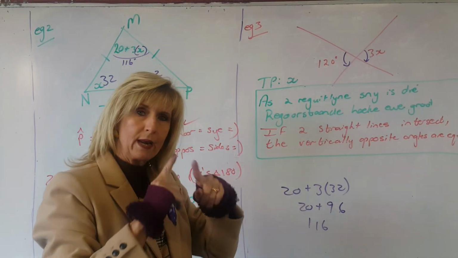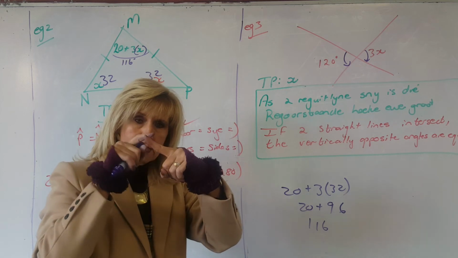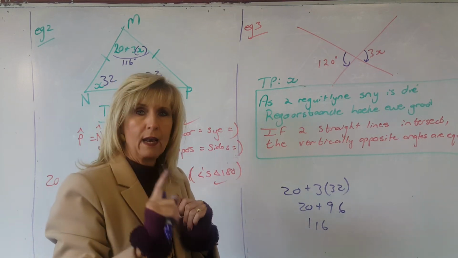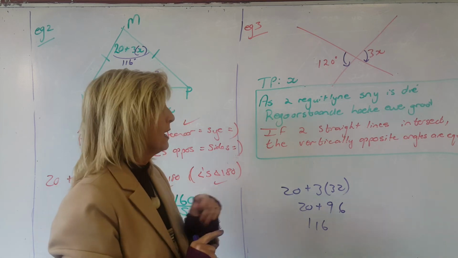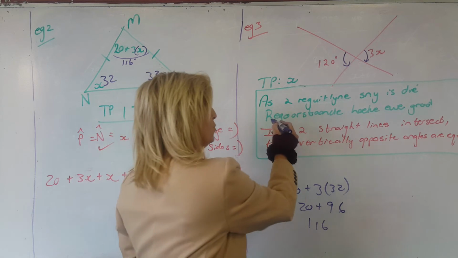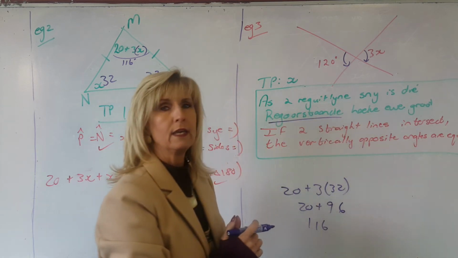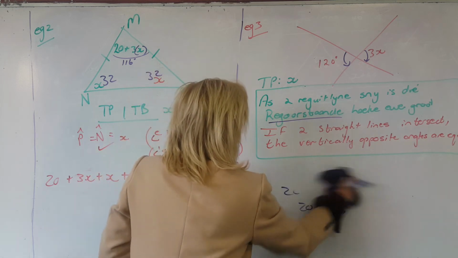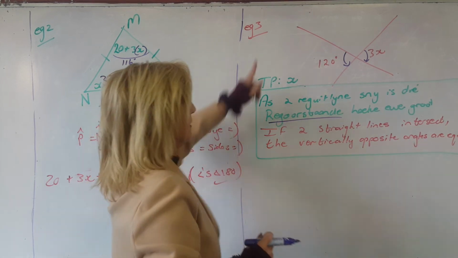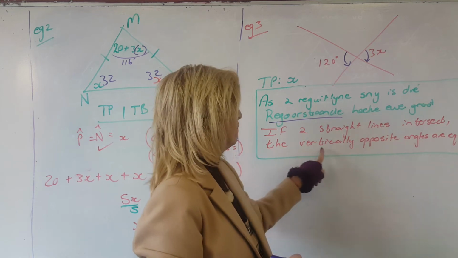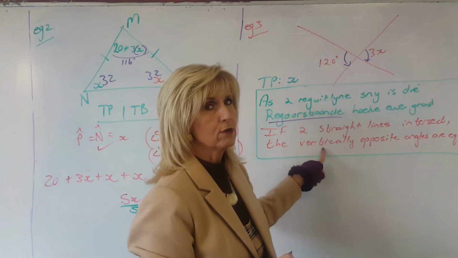As jy ooit twee reguit lyne mekaar laat sny, sal daai hoekies wat reg teenoor mekaar sit, gelyk wees aan mekaar. So ek sê, as twee reguit lyne mekaar sny, is die regoorstaande hoeke ewe groot. So in this case, if the two straight lines intersect, then the vertically opposite angles are equal.